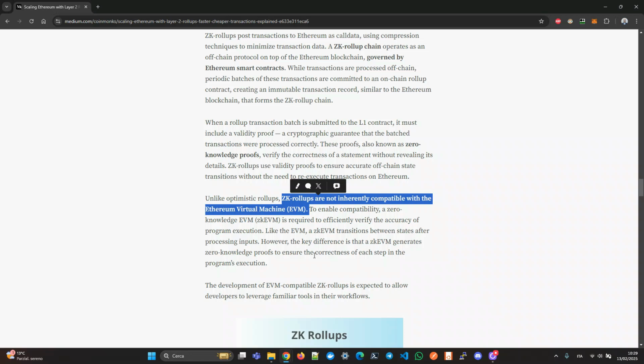But there is a significant effort to move towards compatibility between the virtual machine of Ethereum layer 1 and the virtual machine of the zero knowledge rollups.